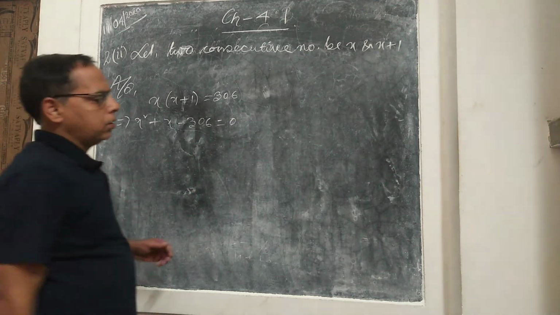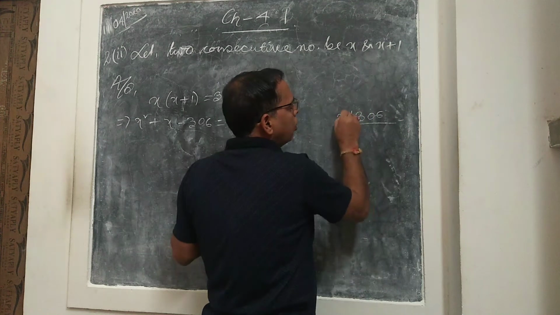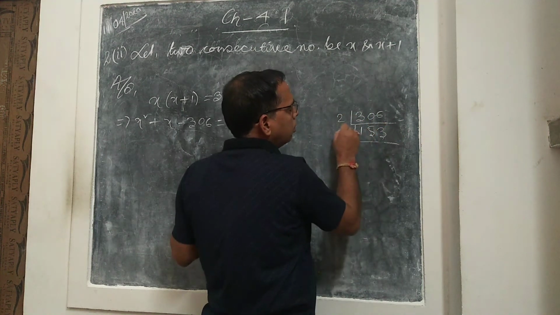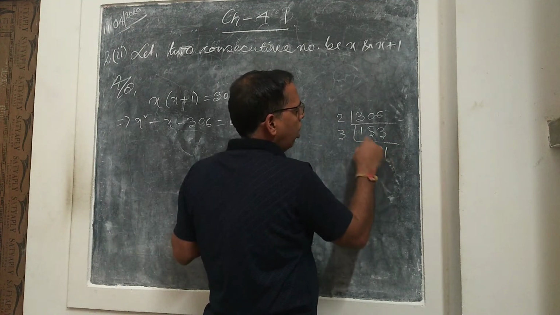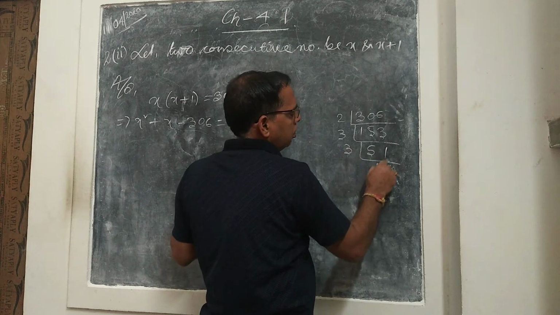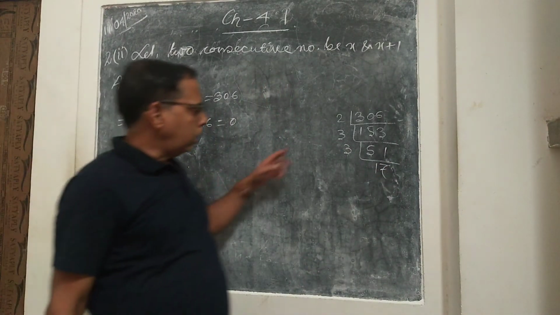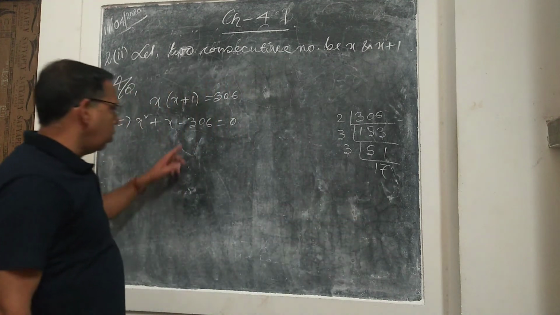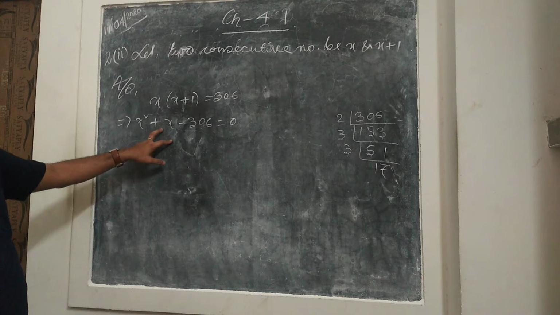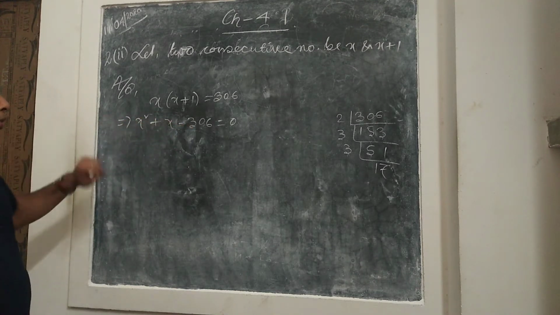Now 306. So once again you factorize 306 to 153. Yes or not? Then 3, 51. Then 3, 17. Okay, got? So 18, 17. So already I told, see, this is negative. One of the numbers in the broken part will be positive, negative. Then this one is positive, so the bigger one will be positive.